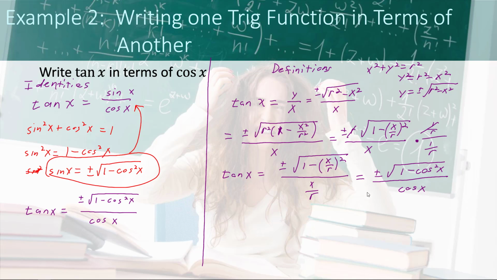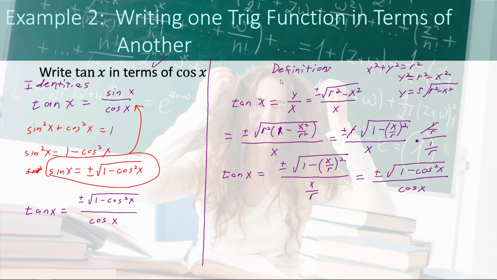So once again, it can be done in two ways. Which way is probably the better way to do it? Probably using the identities. Doing the derivation from the definitions is actually kind of clunky. But hey, if you forget the identities, just notice that there still is another way to do it, which is the main reason why we're doing both ways here.